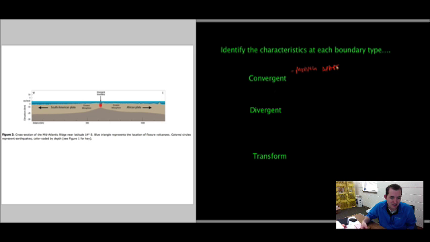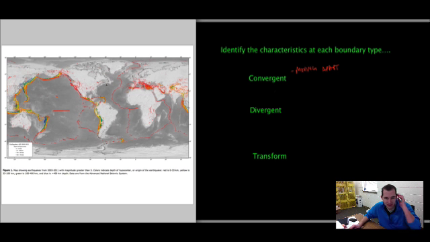If we look at this picture here on the left, an example of where this happens is between the African plate and the South American plate. So this is in the Atlantic Ocean where these plates are moving apart. I'm going to highlight this for you. We're talking about right through here. Okay, so this is a divergent boundary.